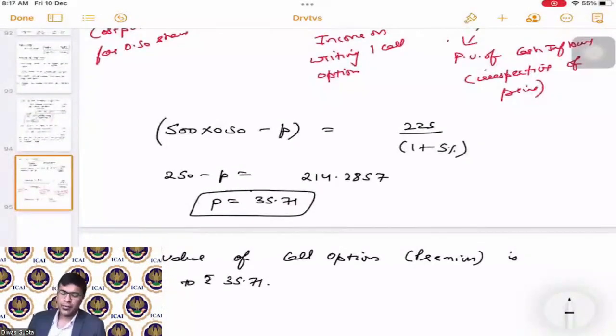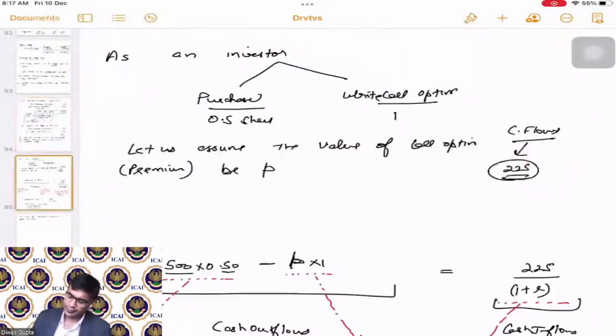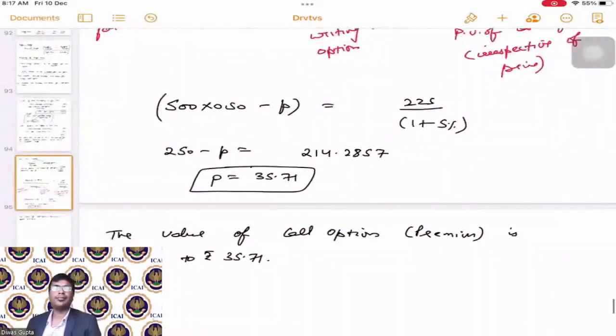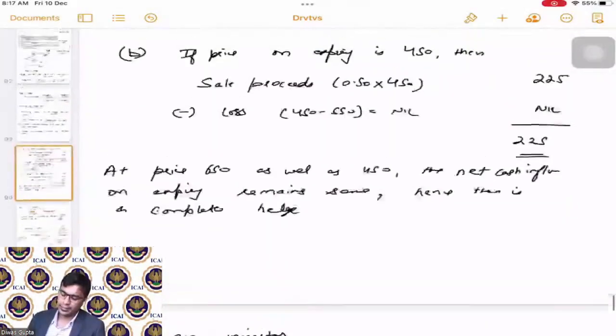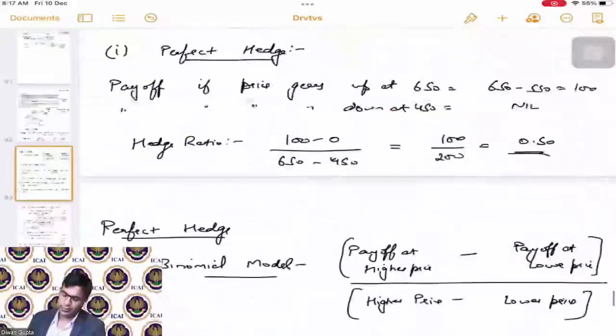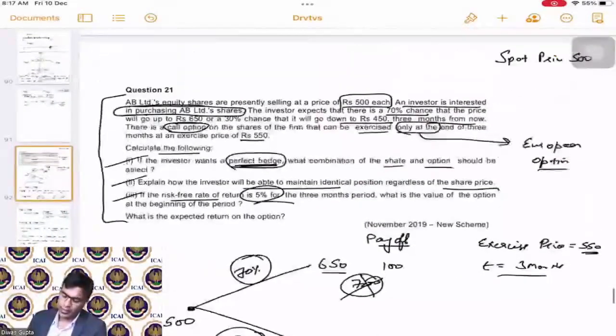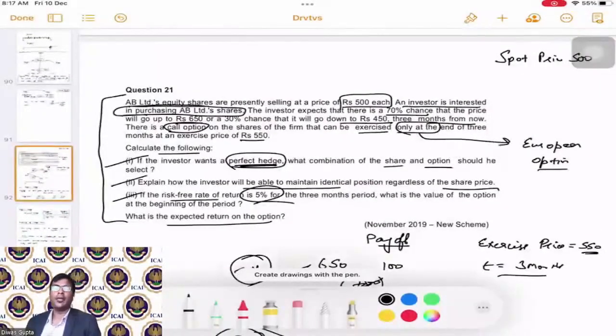This is what the next part was asking us to calculate. Now coming to the last part. What is the expected return on the option?